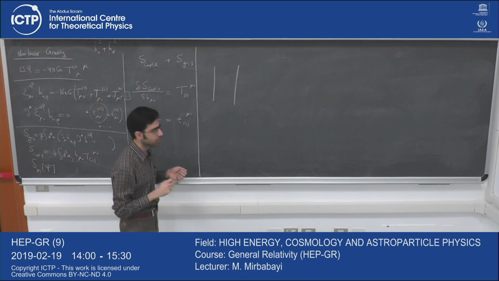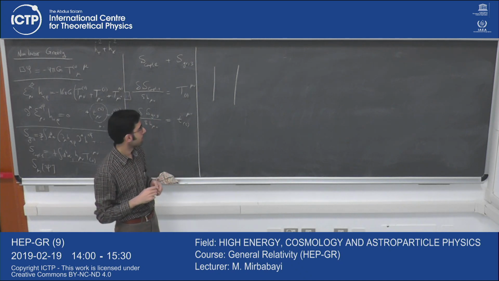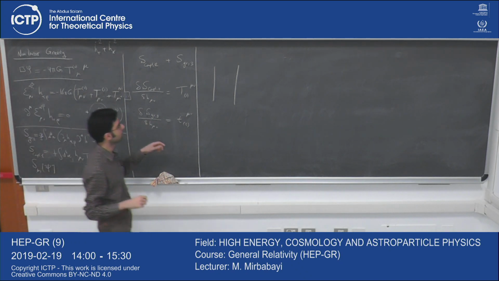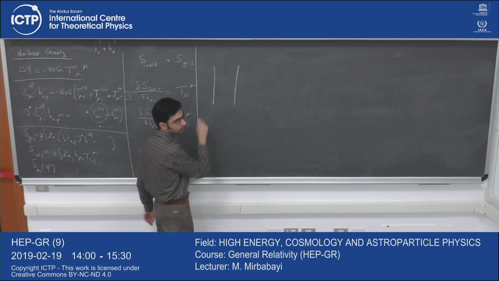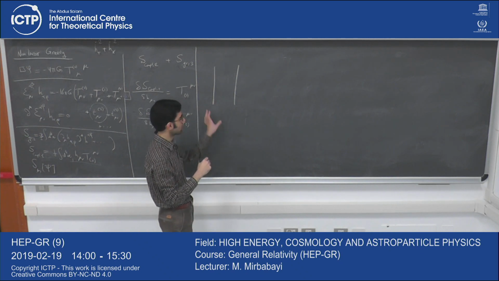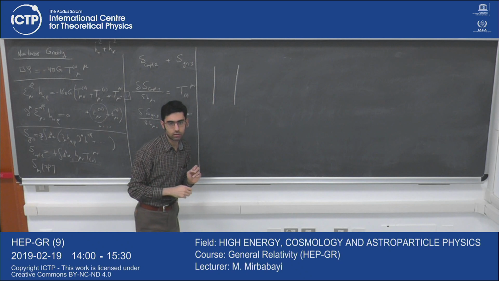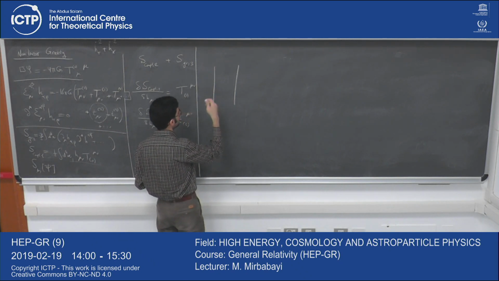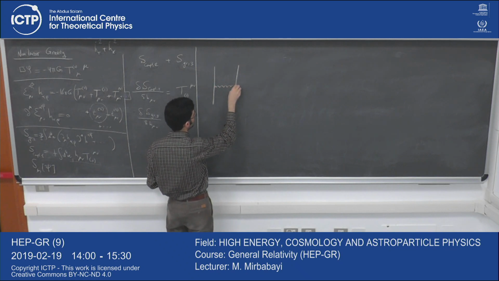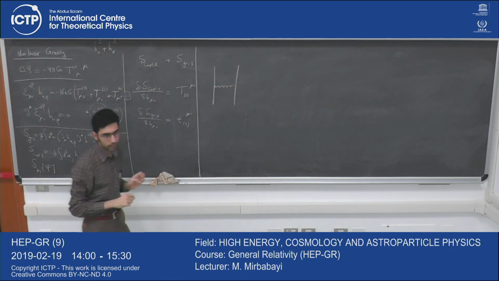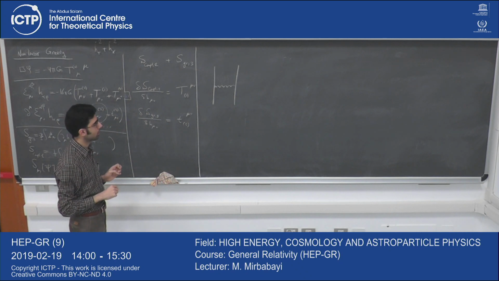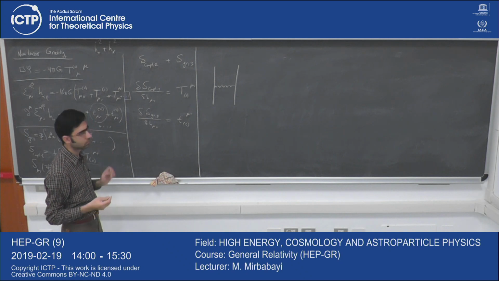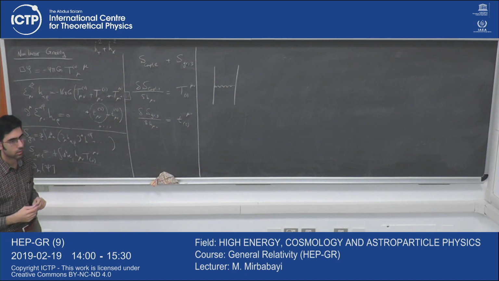But here it is not that different. Imagine you are considering this scattering between two matter fields which are gravitationally interacting. Then what can you do at tree level? You just exchange a graviton. That's it.